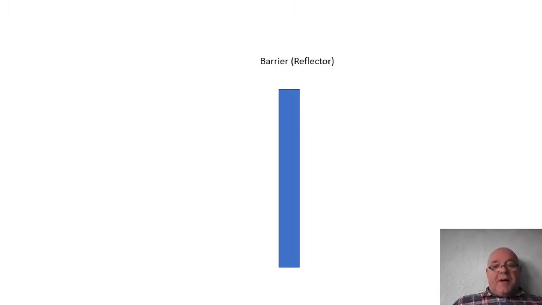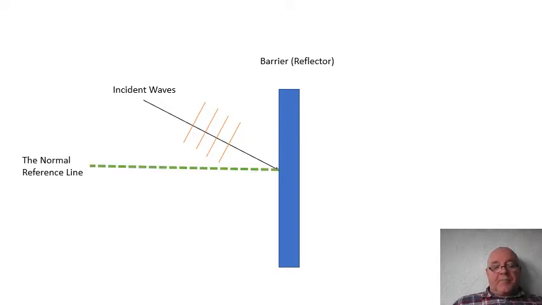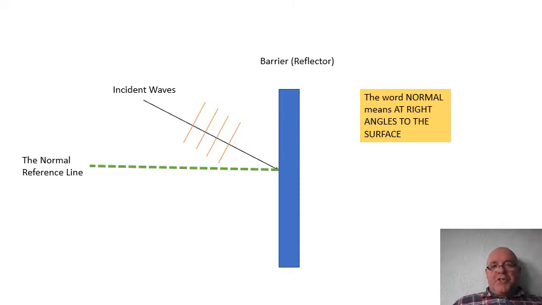So here we've got a barrier, and we've got an incident wave coming into it. To keep track of the direction, we use a line at right angles to the barrier, and that's called the normal. Normal just means at right angles to a surface. It doesn't mean usual. And the reflected ray just comes off at the same angle that the incoming ray went in at.